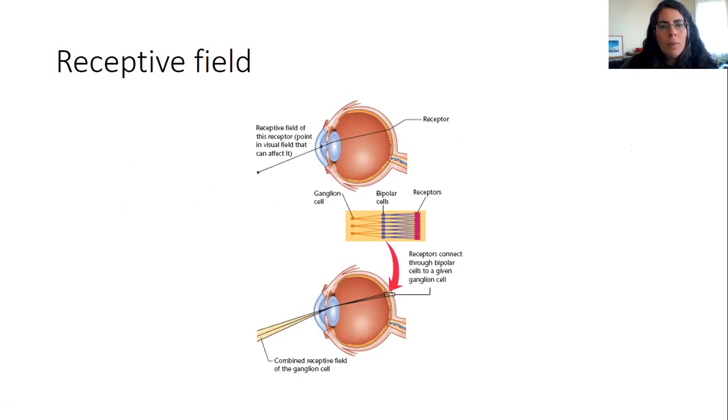And this point in space has an object that's reflecting light into the eye that strikes receptors on the retina. This point in space is this receptor's receptive field. It's receptive to light from that point in space.